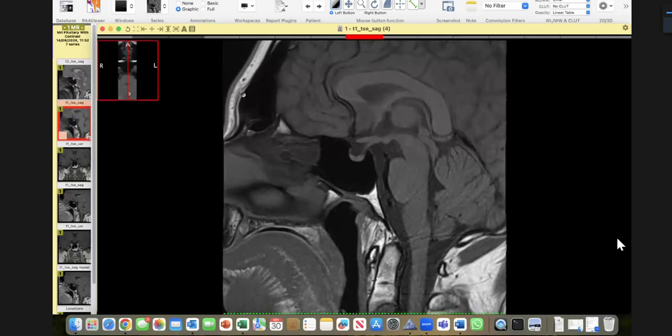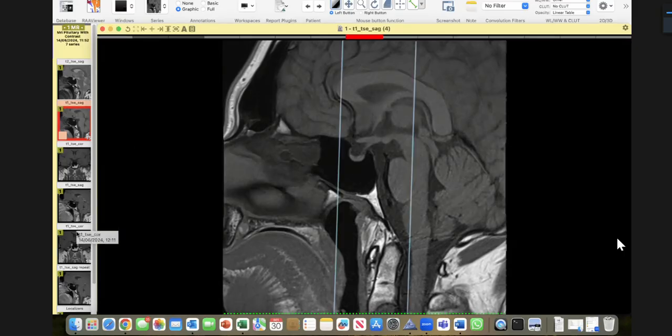Sir, can I have other sequences as well? Which one are you asking for? Coronal contrast. Coronal contrast.